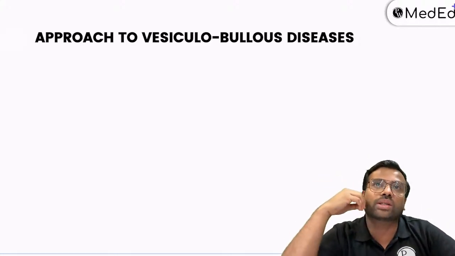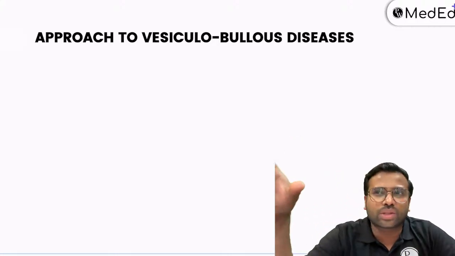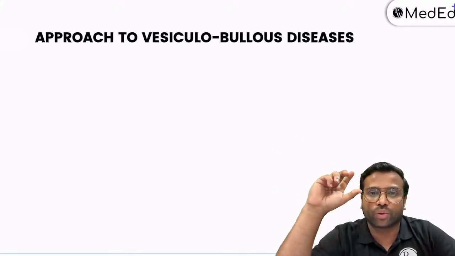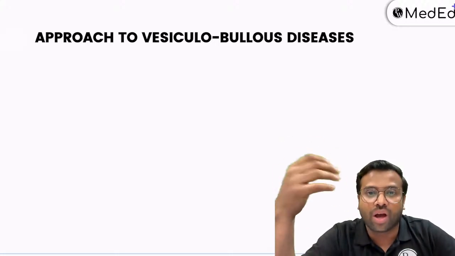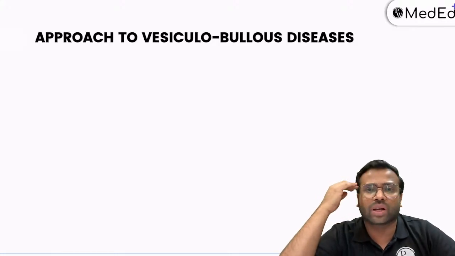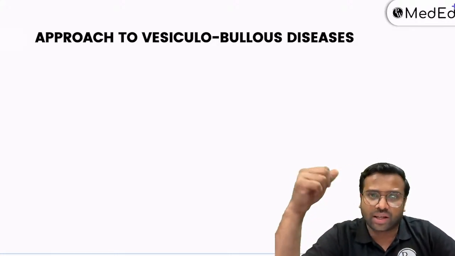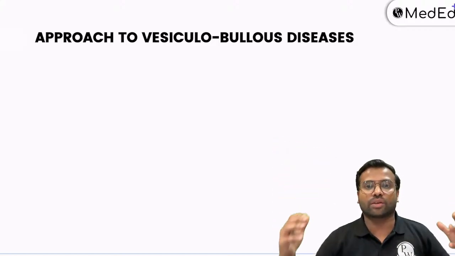Because in case you are someone who has not seen enough dermatology cases, whenever you see a patient, you may get confused: what disease is this, what should be my approach, how do we reach a diagnosis? Because when it comes to other subjects like, let us say, medicine or surgery, the patient is definitely coming to you.